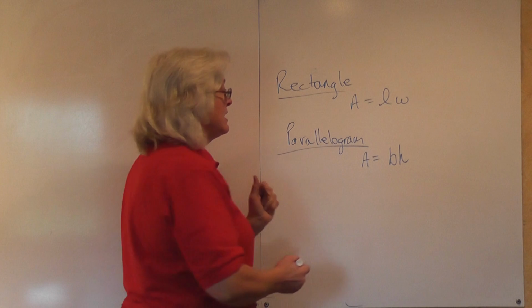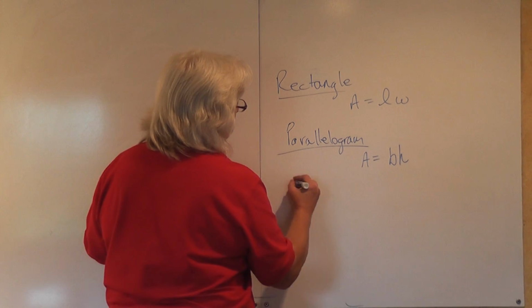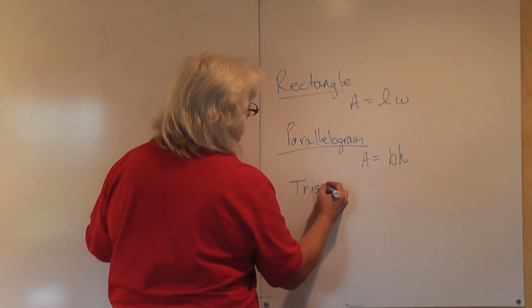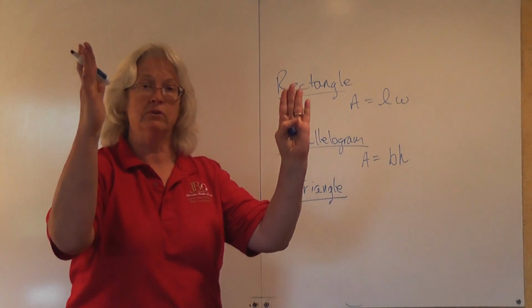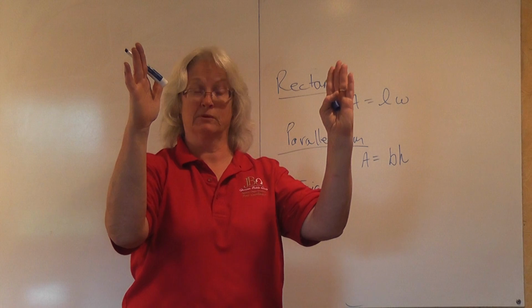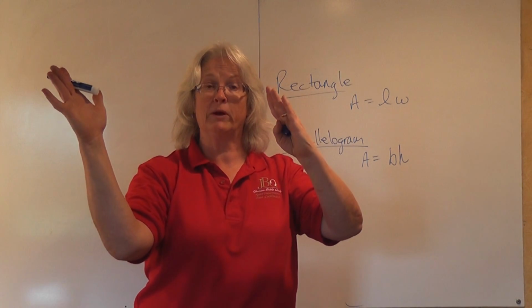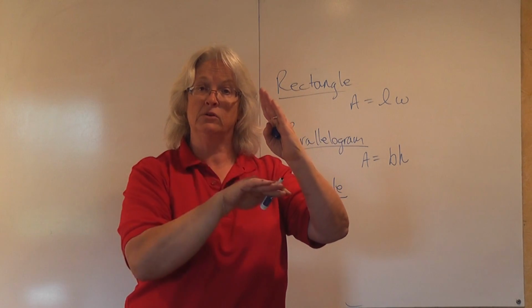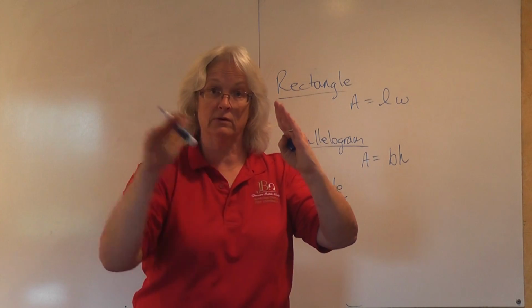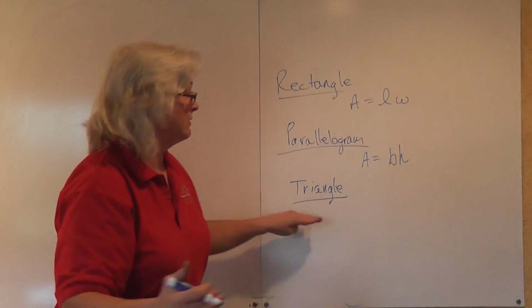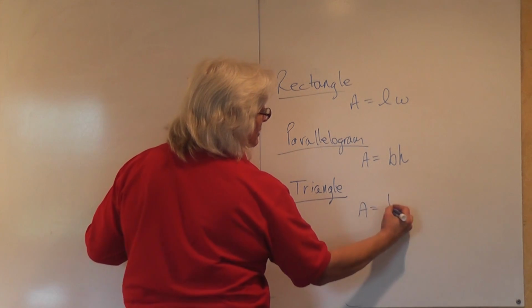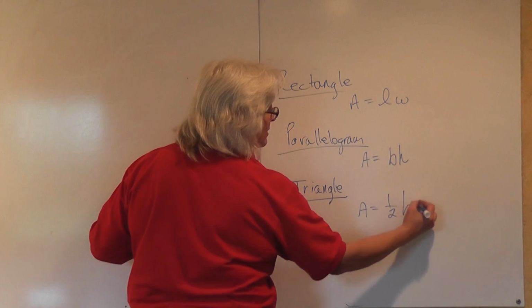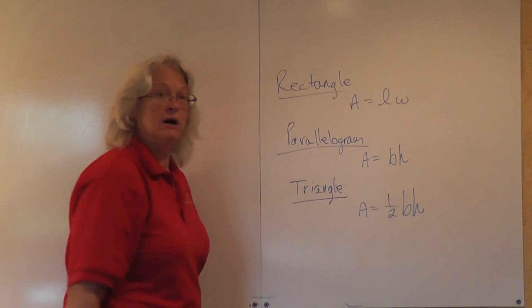And then we said, what is the area of a triangle? We saw how if you took a rectangle, turned it into a parallelogram, and cut it into two congruent triangles, the area of a triangle is half the area of a parallelogram: 1/2 the base times the height.